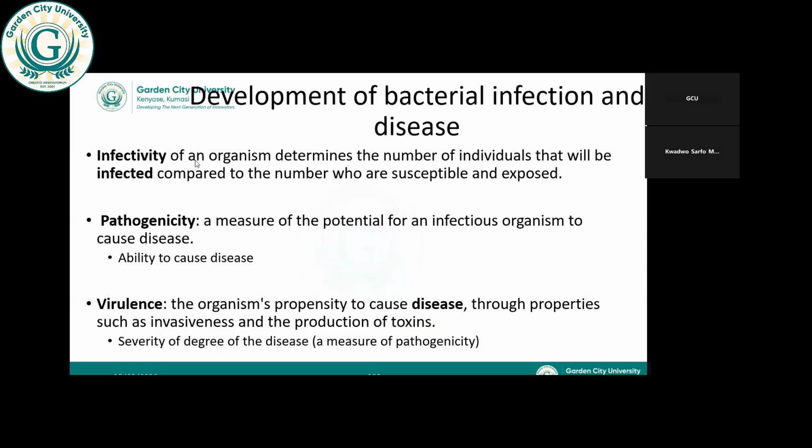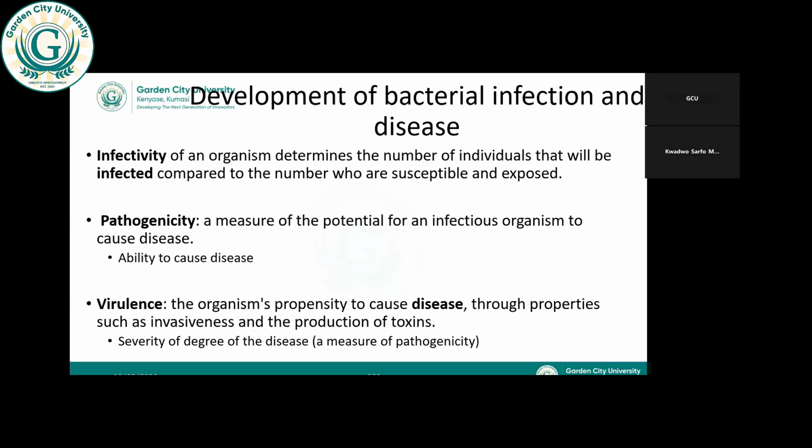In the community, if we get exposed to such bacteria, how likely will that bacteria gain access into the cells or the tissues or the organs, multiply, evade the immune system, and establish infection? That is the infectivity.